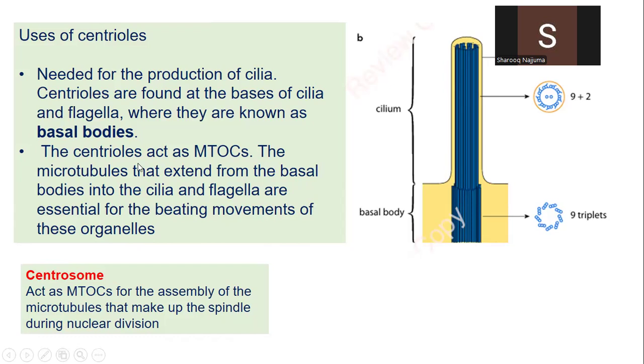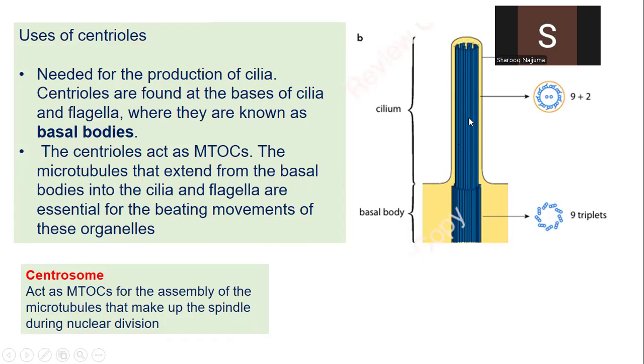These centrioles are said to be microtubule organizing centers. For example, within this cilium, this basal body is responsible for forming these microtubules that form the cilium. It organizes, it assembles the tubulin protein so that this cilium is made, because the cilium is also made up of microtubules.